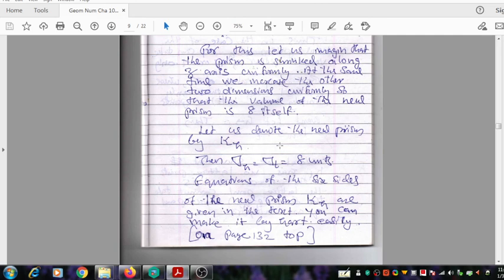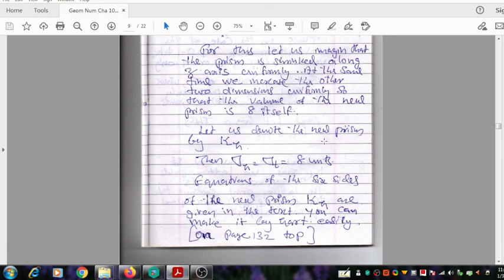Let us denote the new prism by kh. At each instant you are going to get a prism, and we will denote the newly obtained prism by kh, and del h equal to del t equal to 8 units.